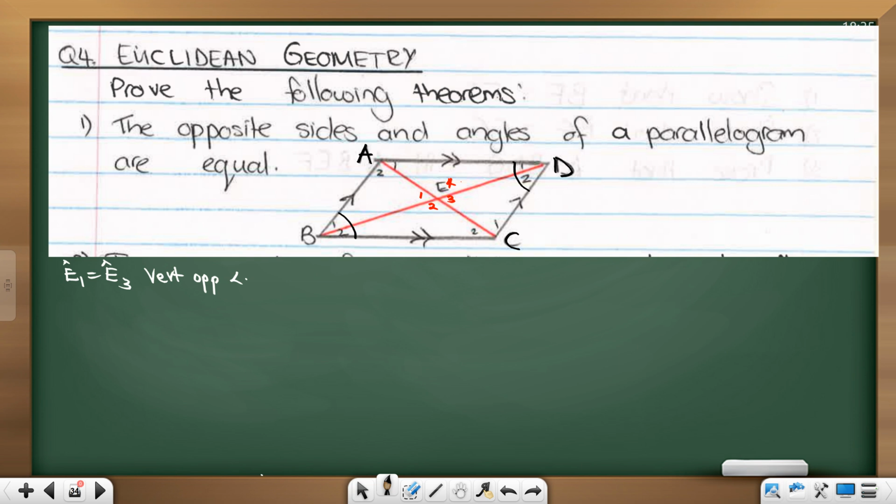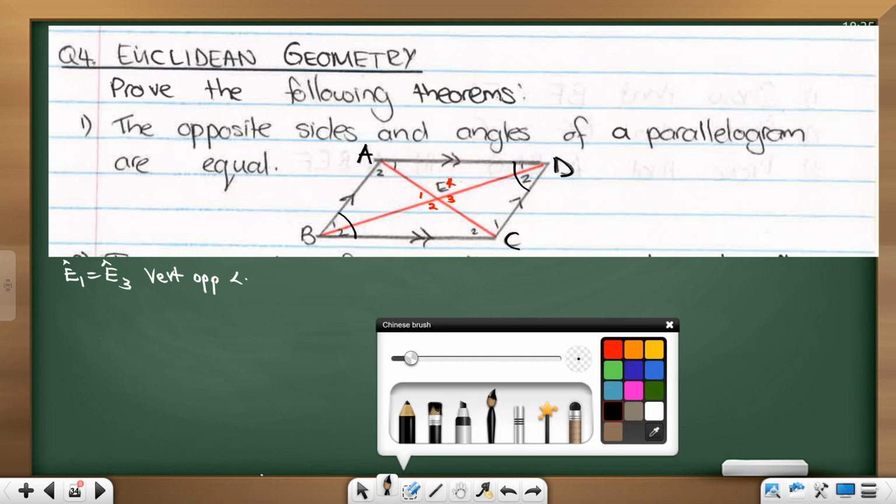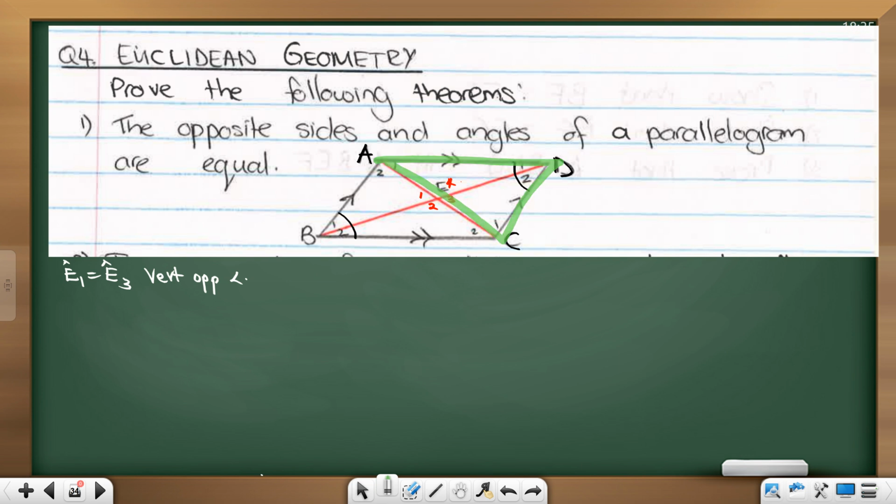Let's label the triangles together. And okay, let me highlight because I want it to come from you. All right, ADC. Go ahead again.